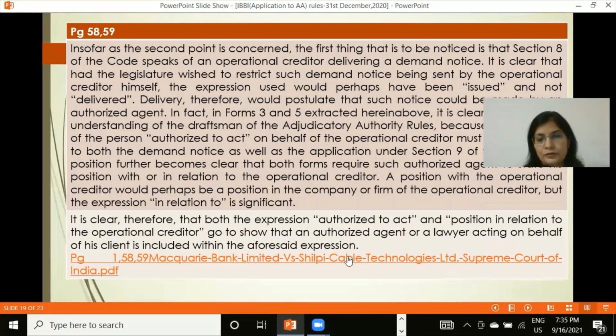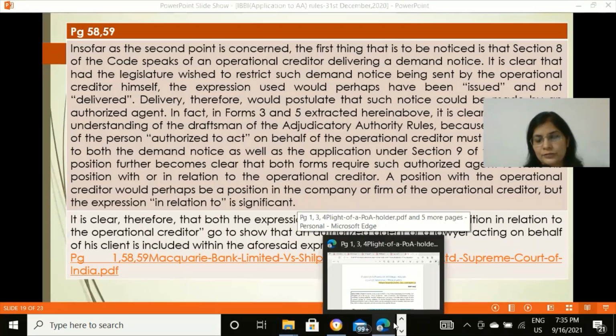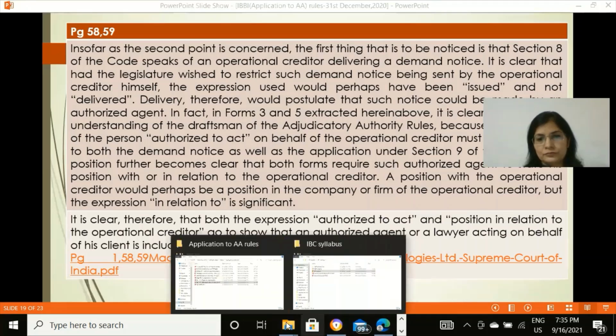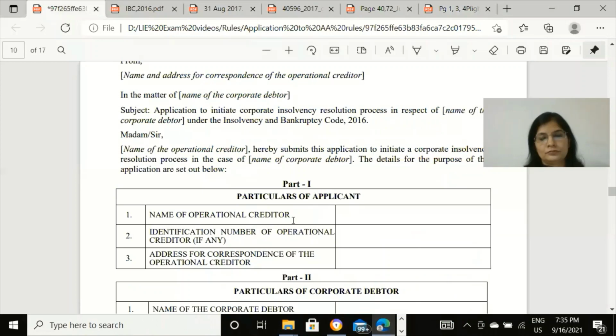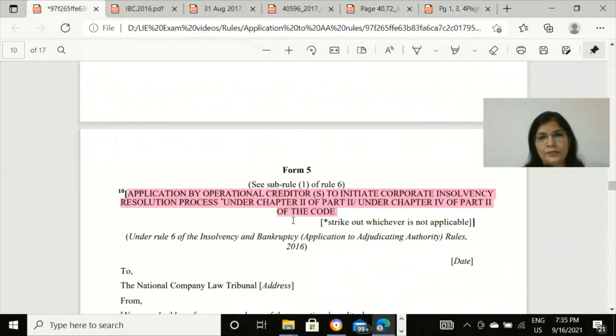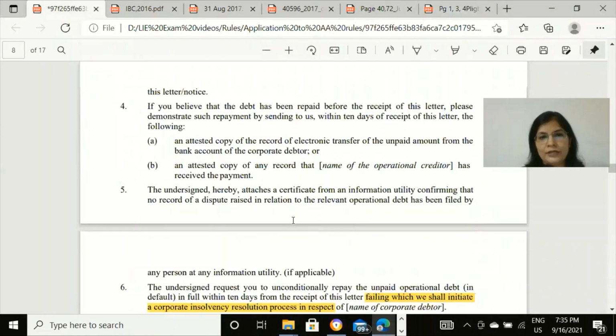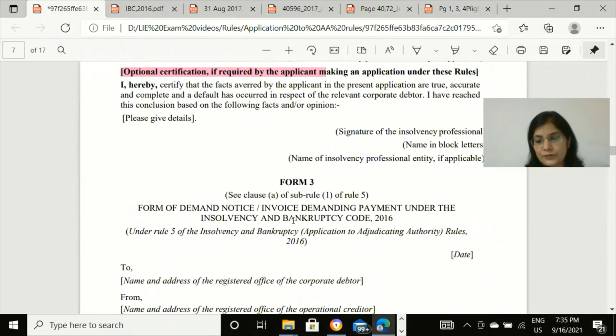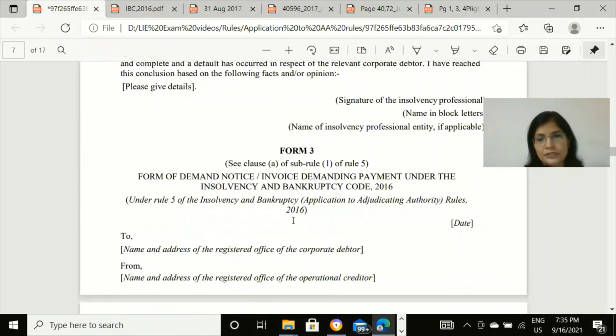First of all, I would like to recollect the forms for you. If you remember, I have again and again mentioned the main thing. It is with regard to the operational creditor that was being discussed in Macquarie Bank v. Shilpi Technology.